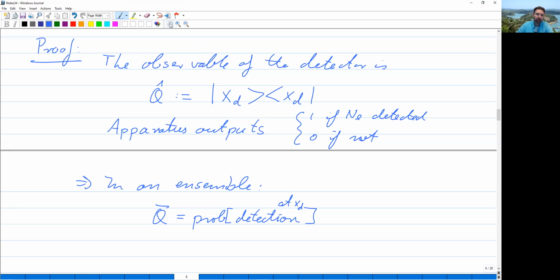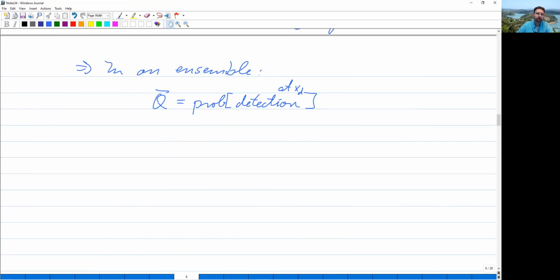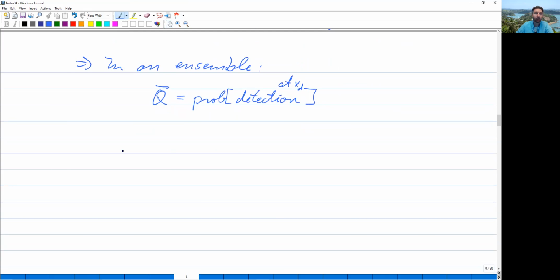This means that the probability that we are interested in is the following.